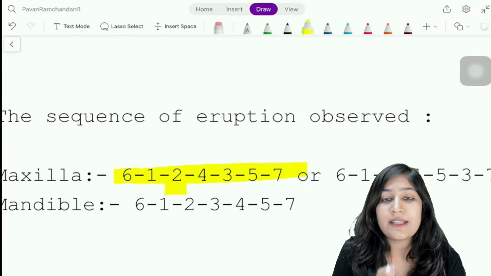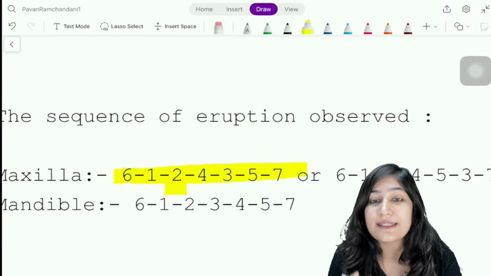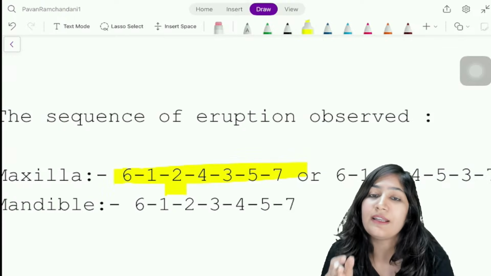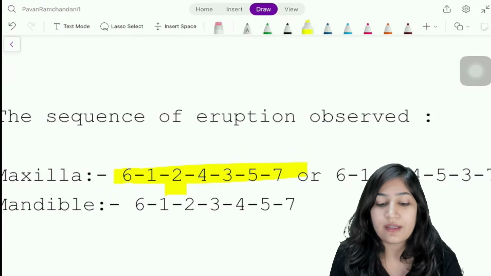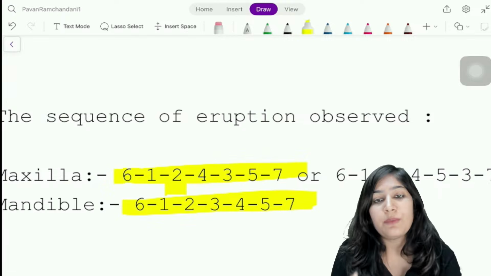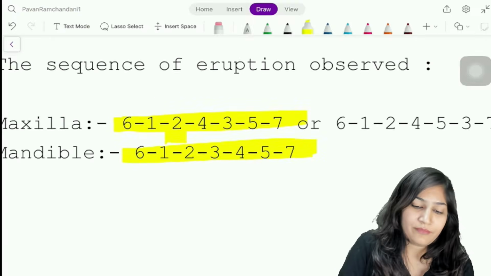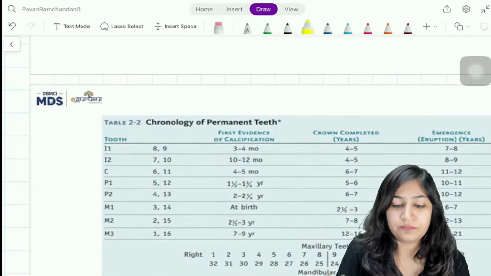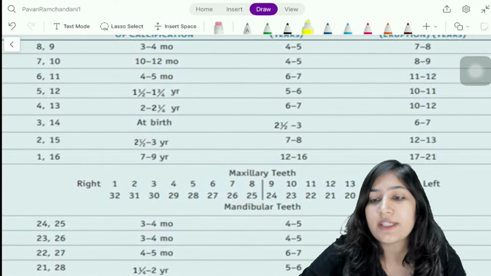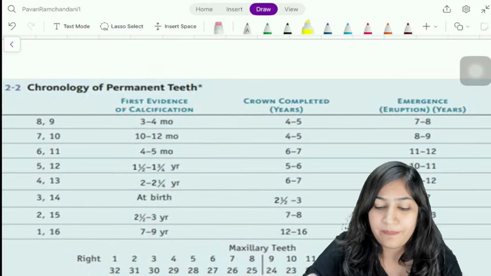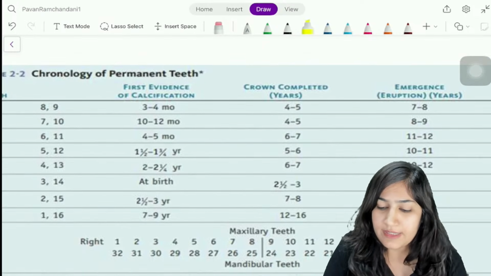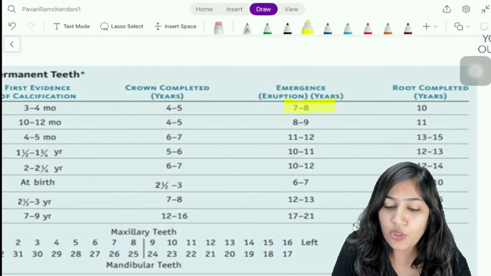For mandibular, it is first molar, central incisor, lateral incisor, then canine, not premolar. Canine, first premolar, second premolar, and second molar. Understood? So again, this chronology table is very important. This eruption timing is very important.